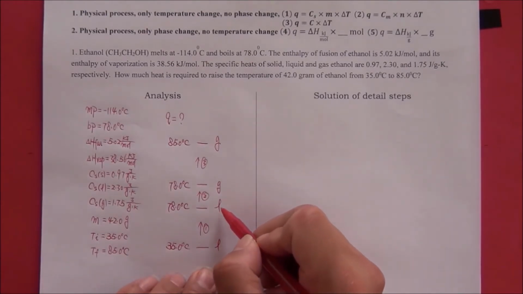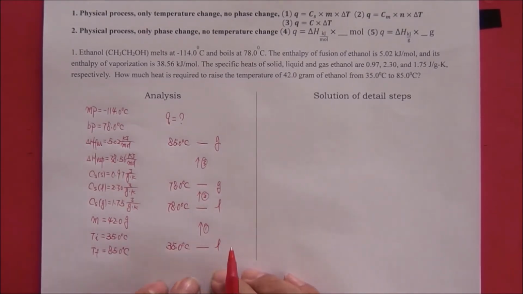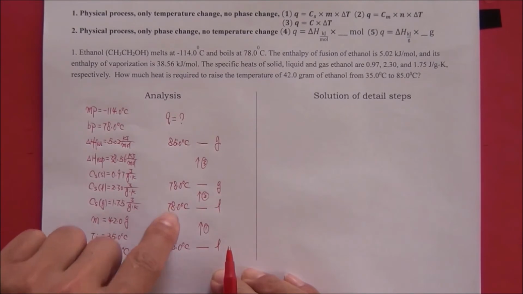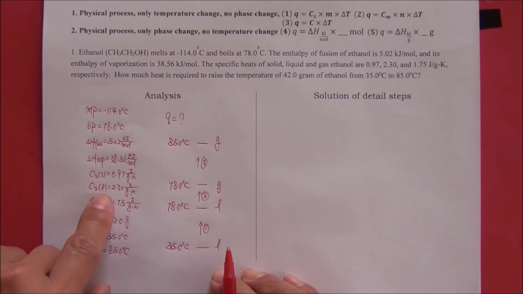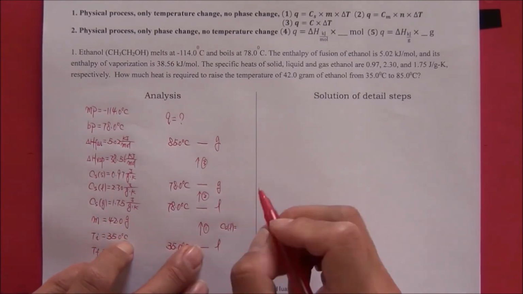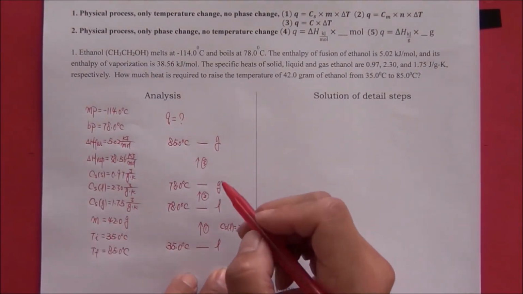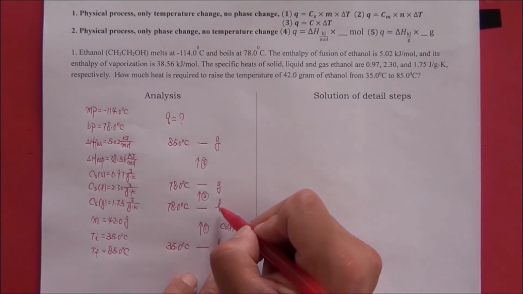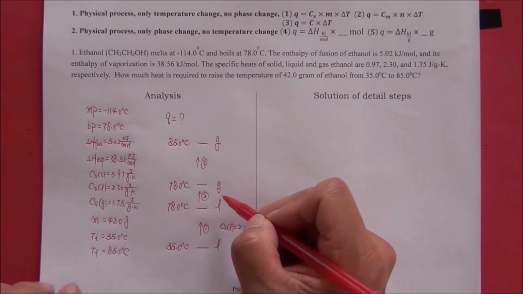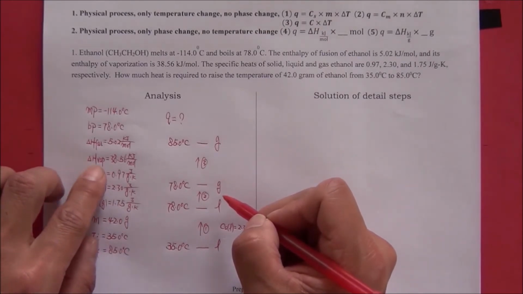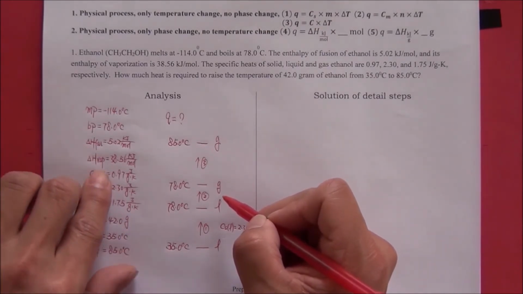For step 1, we only have a liquid. We have a temperature change. Therefore, what I need is CS liquid. For step 2, we have a phase change from a liquid to gas. Therefore, we need delta H vaporization, but not delta H fusion.